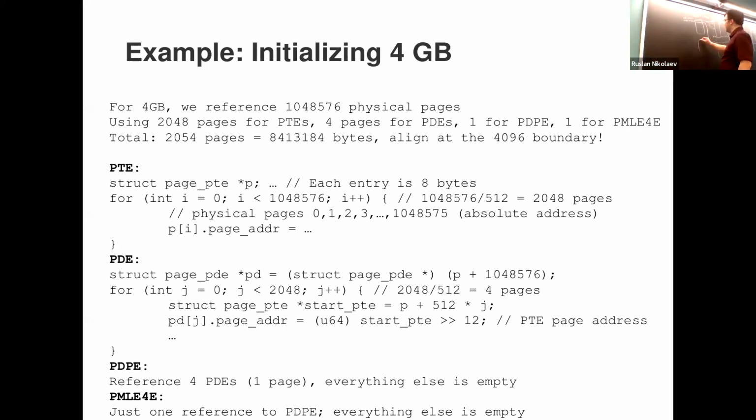Now, what is going to happen with level 3? Level 3 will have to point to this page, and this one has to point to that page in level 3. So now it's a much bigger range of addresses.